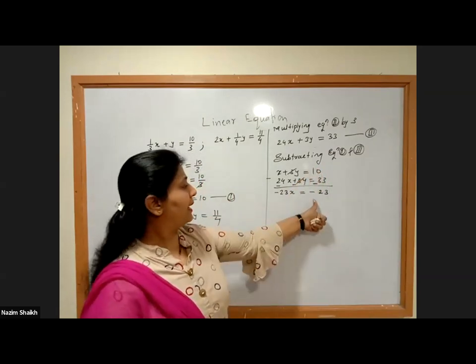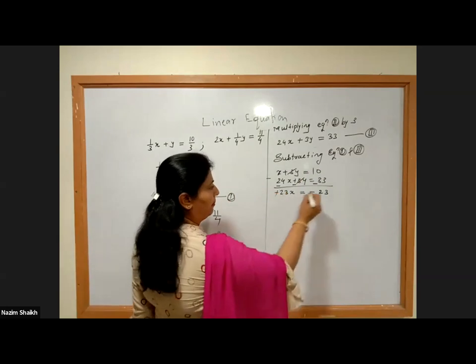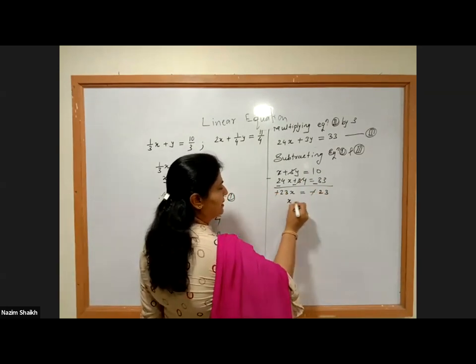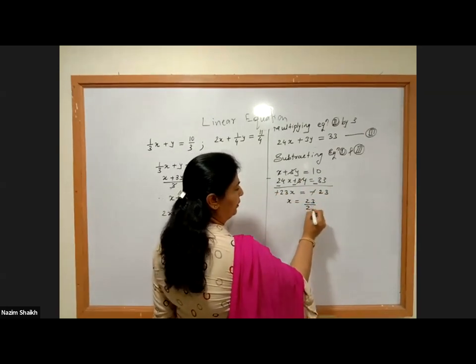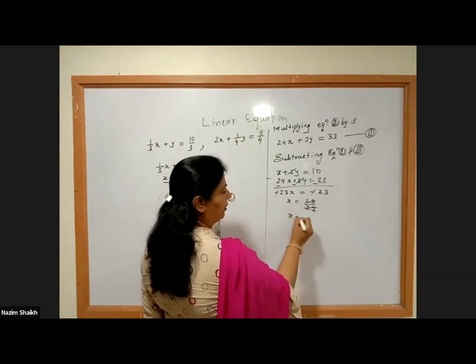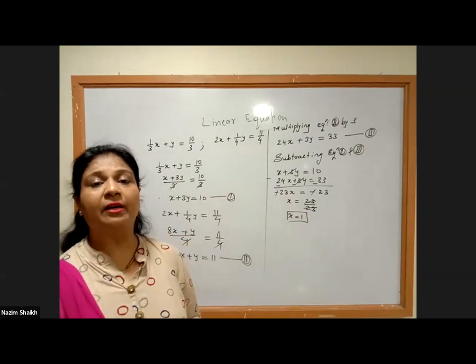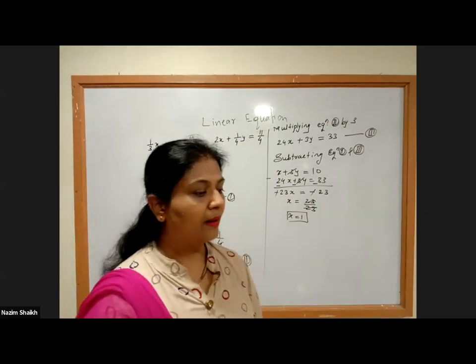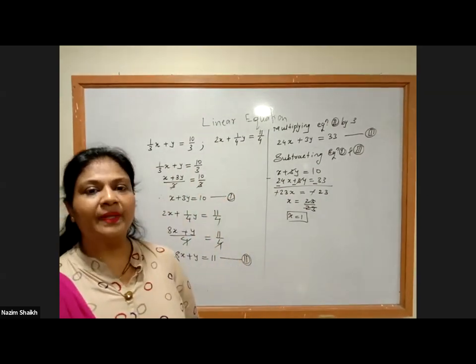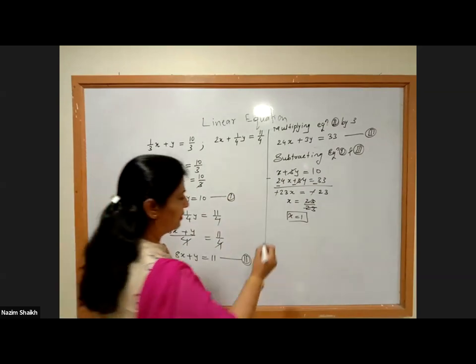Yes. So that is minus minus cancel. x is equal to 23 upon 23. Once again we got x is equal to 1. And the first step, first variable is obtained. So yes, the next one, substituting.